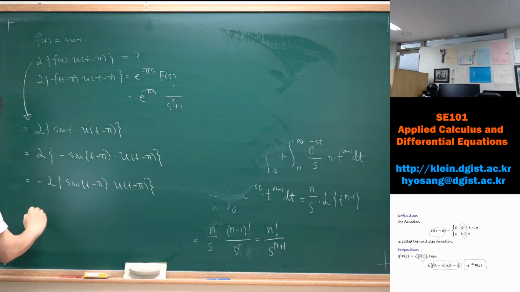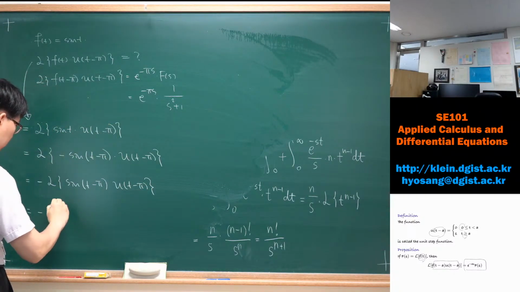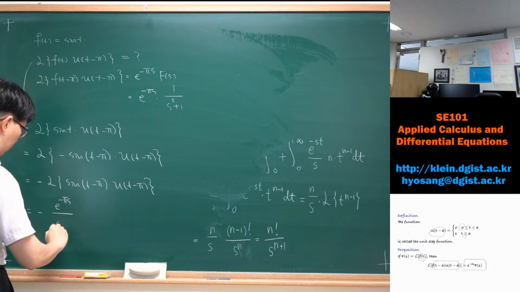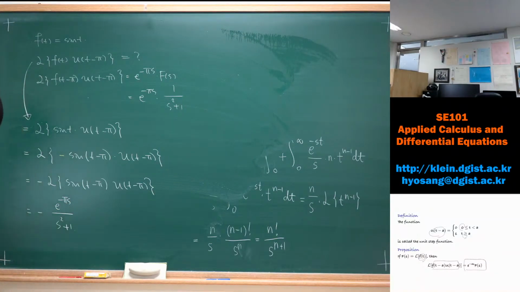Therefore, it's negative e to the minus pi s over s squared plus 1. We have a minus sign here. This is actually the hardest or trickiest part of the Laplace transform, but it's also a fun part. There are a lot of tricks to making a Laplace transform.